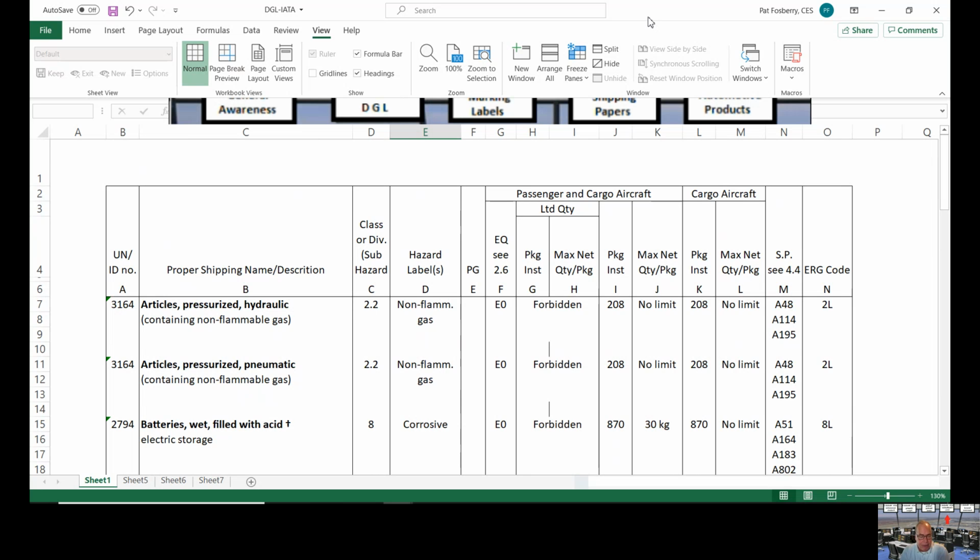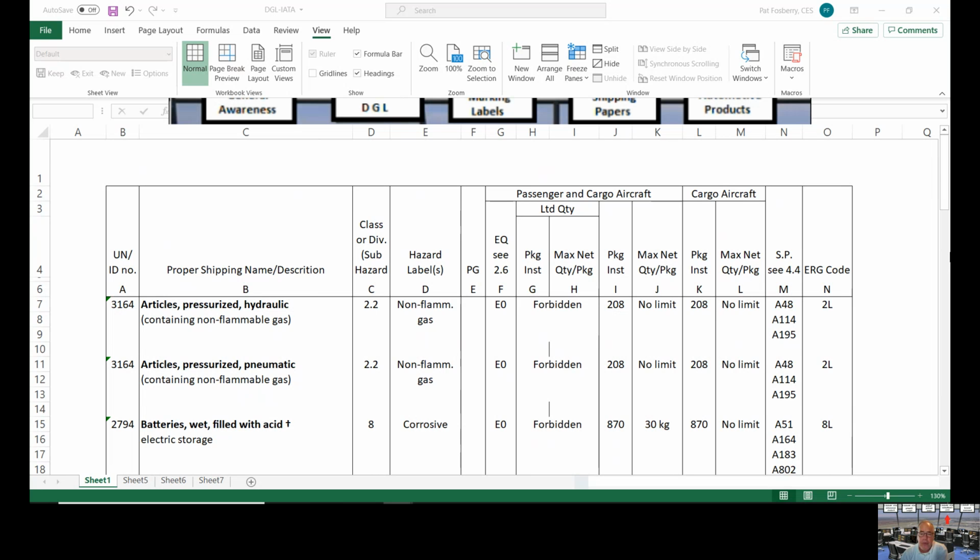So they have that green label of non-flammable gases. As you can remember, I'm not sharing my screen, so I just grabbed a little thing. You don't need to know that, but you have a non-flammable gas label on those. It's the green ones that I'm sure you've seen around the plant.